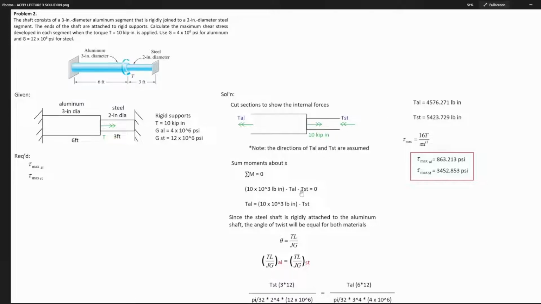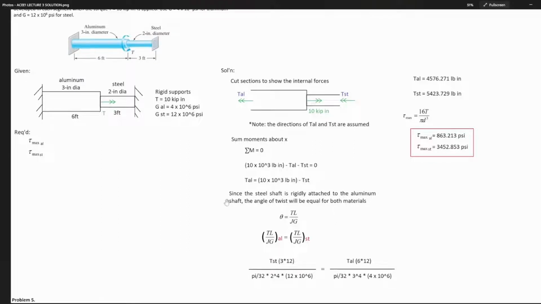Minus torque ni steel, dahil inassume kong to the left din siya. Equals 0. Now, because of this, we were able to arrive at this equation. No? Na si T aluminum is equal to 10,000 pound inch minus torque ni steel. Okay, so this is our first working equation.